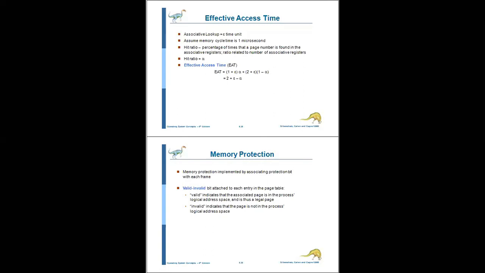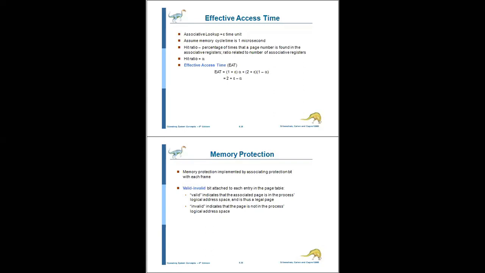Whereas invalid means it is not in the process logical address space. In this way we can protect the particular frame numbers.